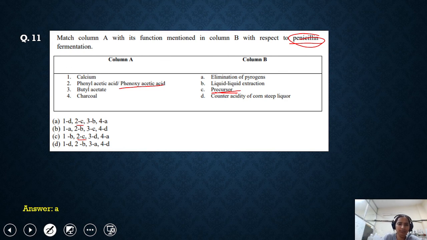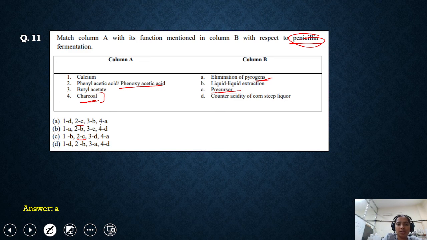Then we must know the function of charcoal. Charcoal is mainly used for elimination, or as we discussed previously, decoloration. It is mainly used for removing components, so charcoal is used for elimination of pyrogens.